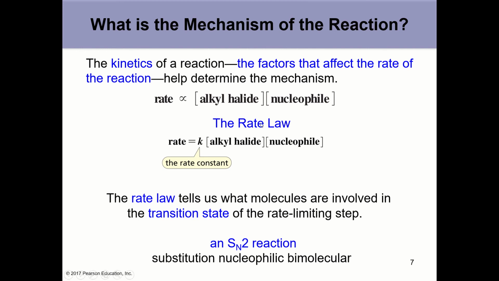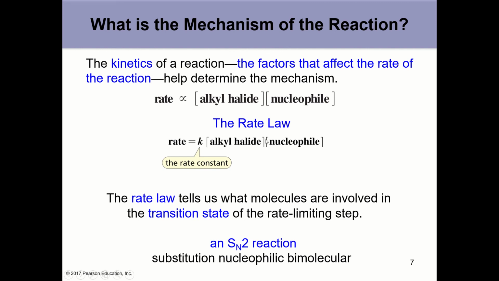So we are actually going to look at two types of substitution. One is called substitution nucleophilic bimolecular, and bimolecular means that in the rate law, both the alkyl halide and the nucleophile affect the rate.